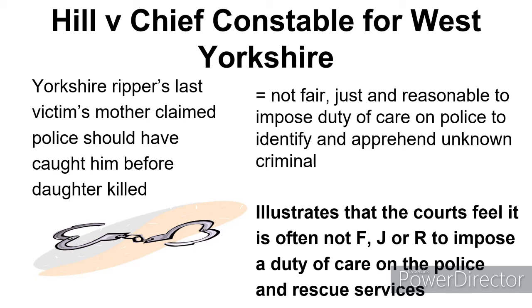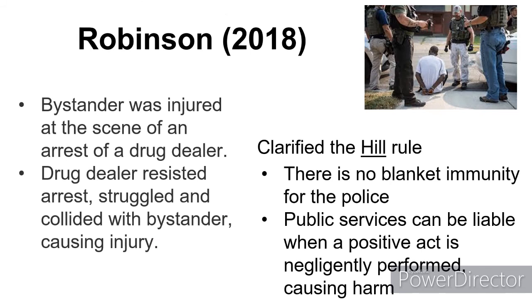Quite a lot of people used to think that this gave the police some sort of blanket immunity from negligence claims, or the police and rescue services. The case of Robinson, however, made it very clear that there was no such blanket immunity.